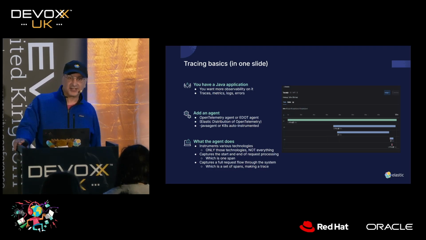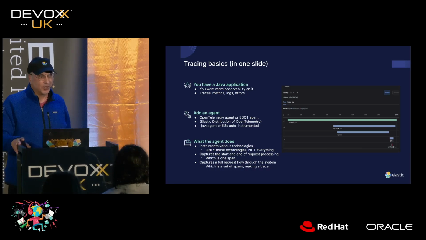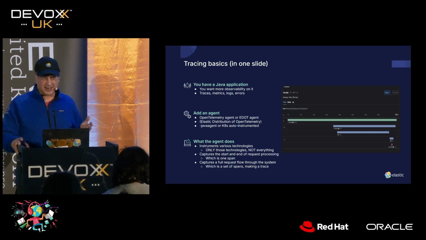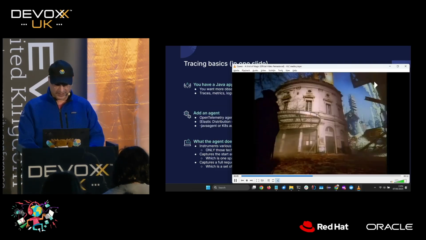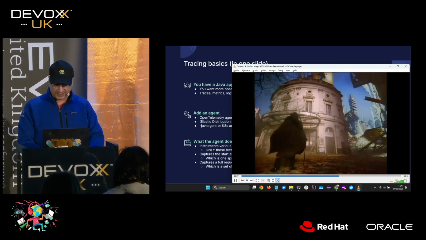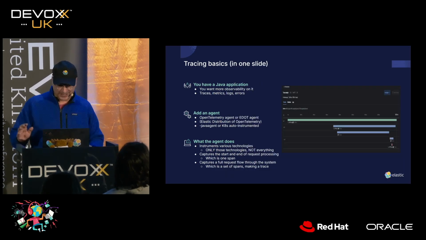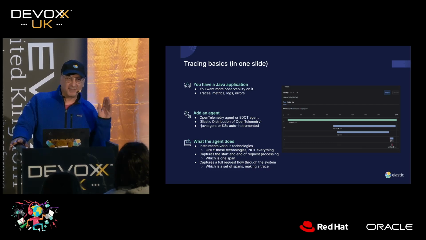And what the agent does is it instruments, it injects bytecode into the application. But it doesn't instrument everything. Some people think it's a bit of magic, but it isn't. It's very specifically all the common frameworks that are in use.